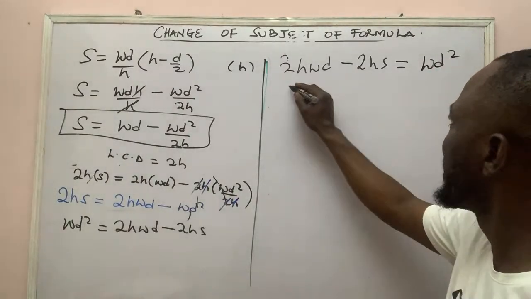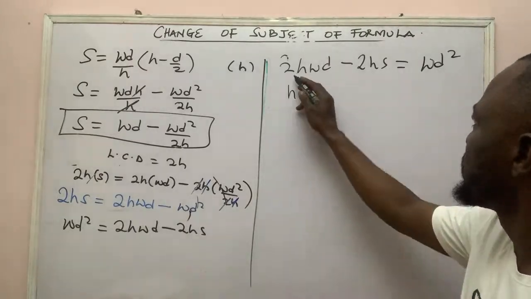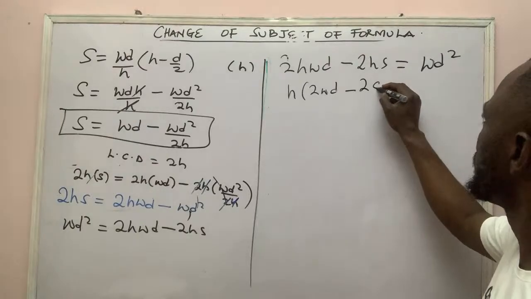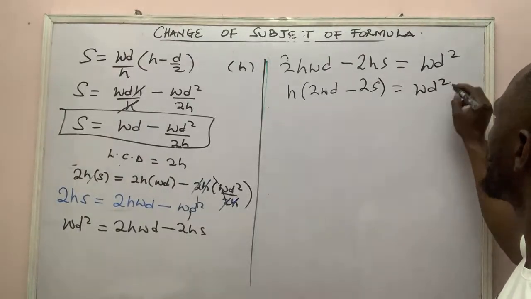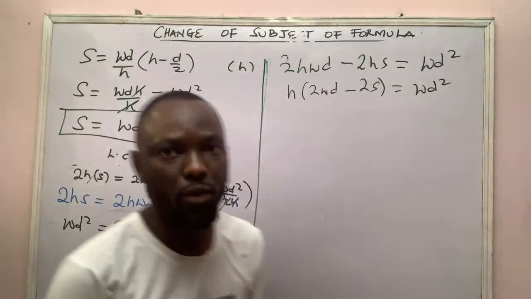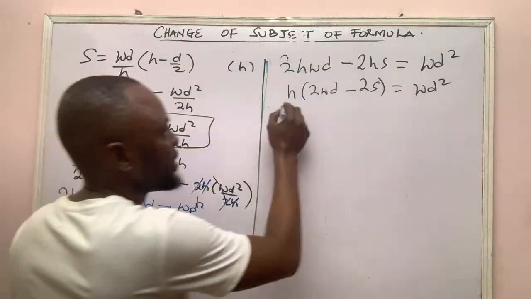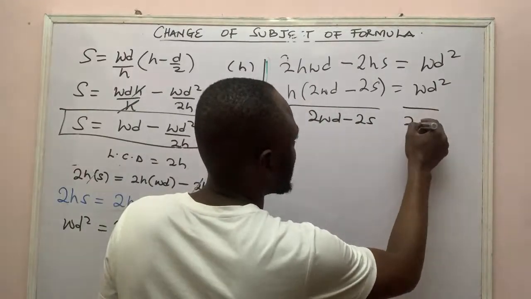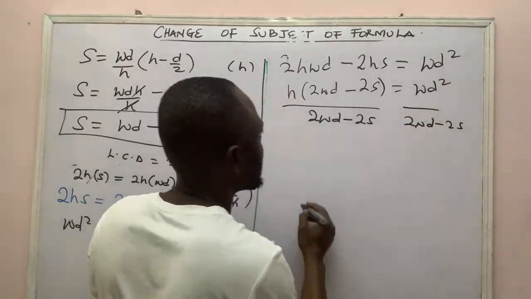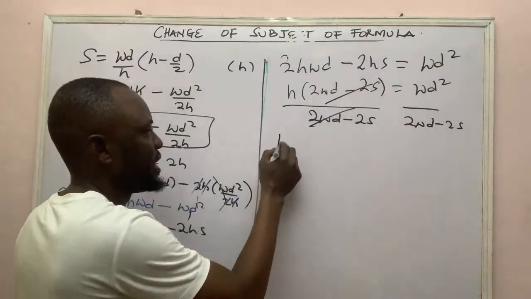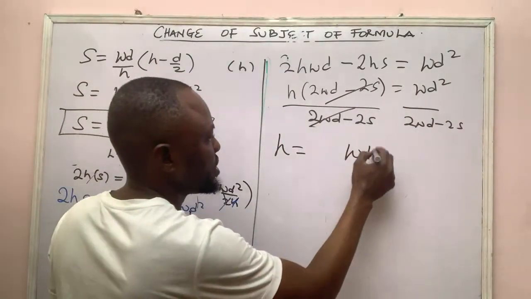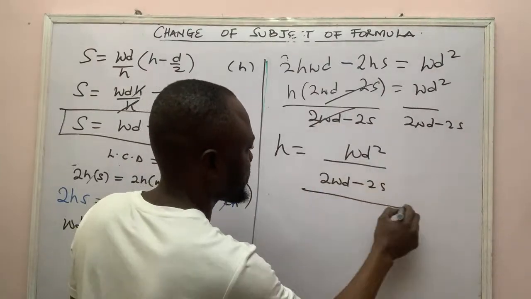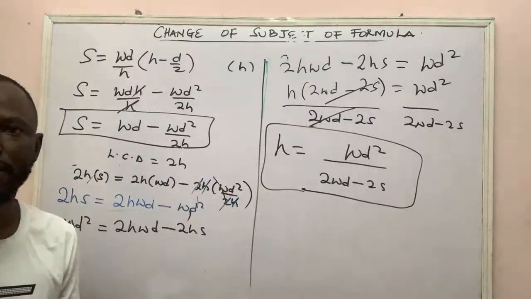So here we have H, if we factor out H, we'll have H times 2WD minus 2S equals WD squared. All right? So now we'll divide through by 2WD minus 2S over 2WD minus 2S. So this will cancel out this. So my H will be WD squared all over 2WD minus 2S. So that's it. All right?